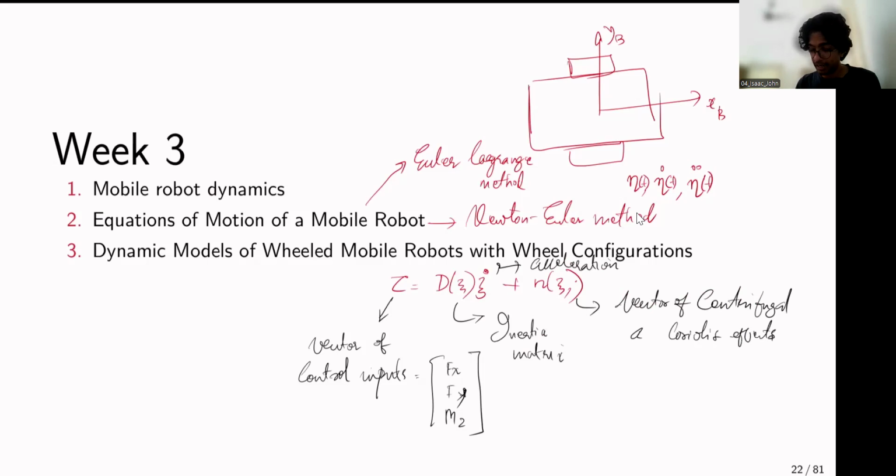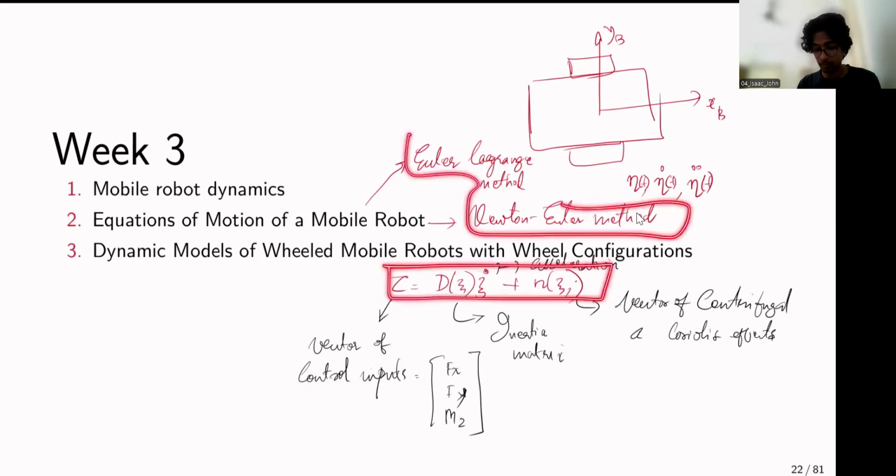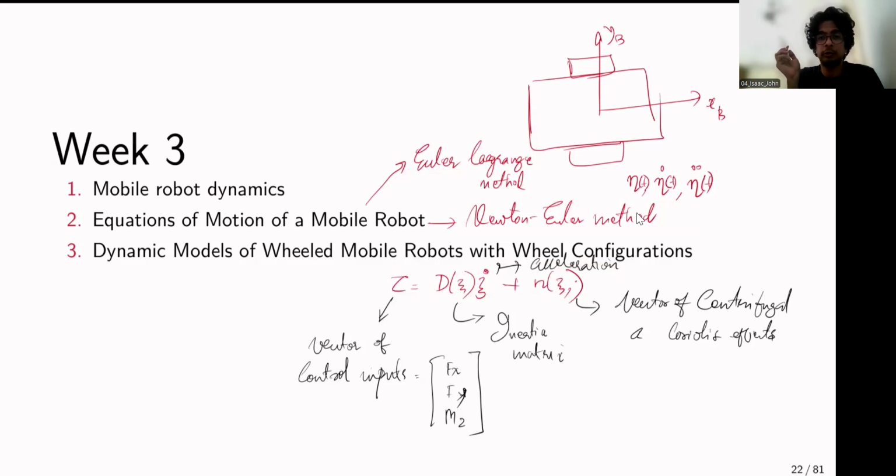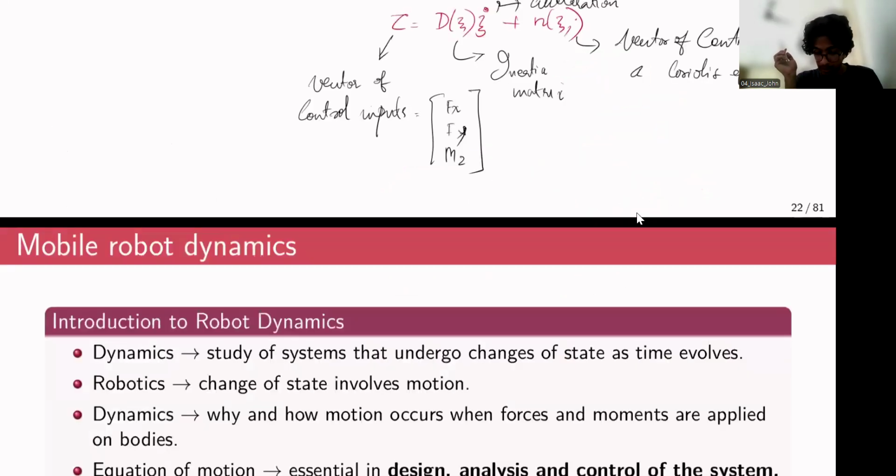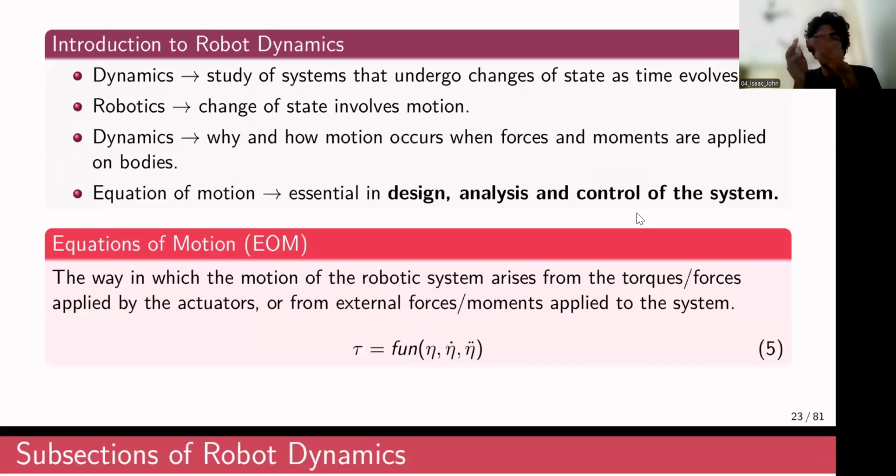And you can actually derive the equations of motion using any of these two approaches, right? Euler-Lagrange or Newton-Euler methods. And we have also seen some key definitions regarding each of these terms.